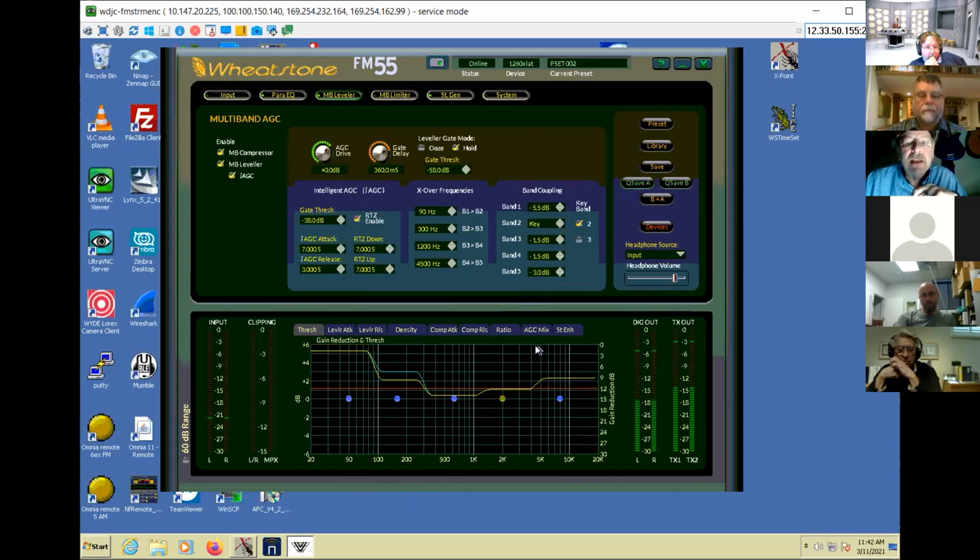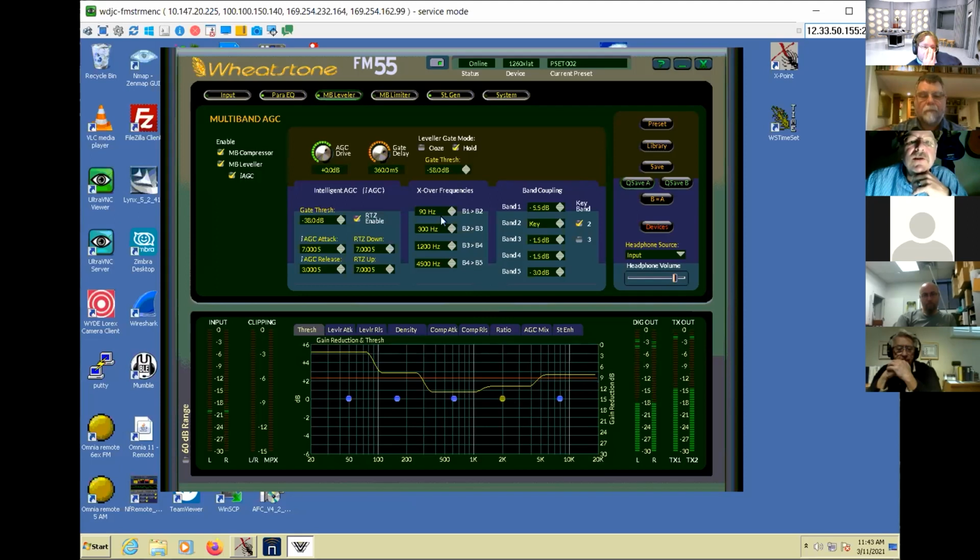Then the multiband leveler, that's your compression for each channel. And you can see we've got 5 bands, and it's showing what he's doing. Notice it must be voice, and I'm guessing it's a female because you'll see he's pumped up the gain on the bass because there's not a lot of bass content, but there is a lot of mid-range, so he's cutting the gain on those.